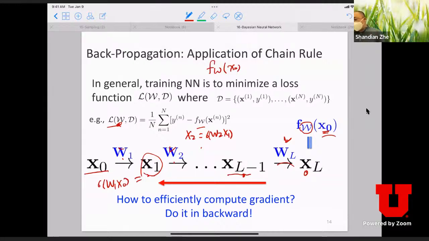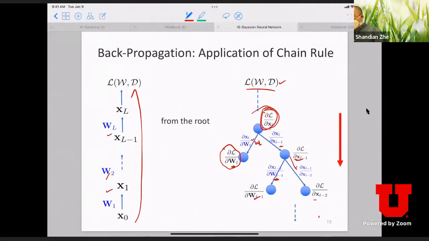So we're going to use backpropagation. Backpropagation essentially is a smart way to leverage the chain rule. Again, we just want to give you a sense of that. You don't need to get into the details about backpropagation, because right now you have tons of libraries which can do backpropagation automatically for you. You don't need to implement it from scratch, but you need to capture the idea.